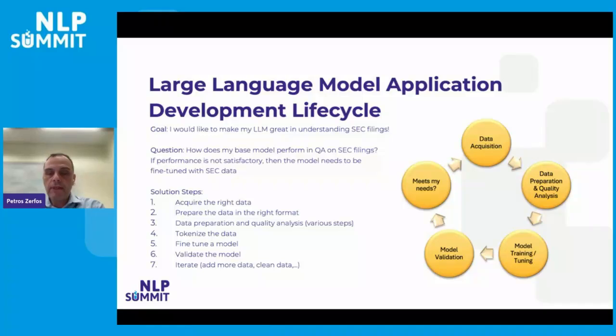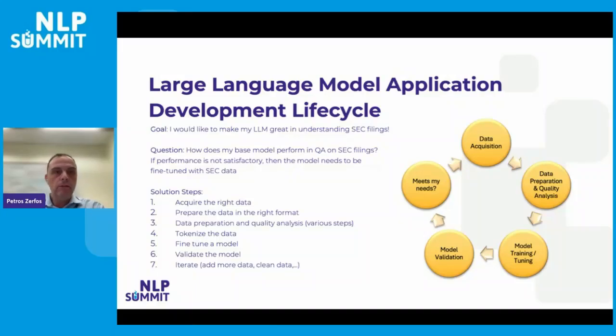The first question they ask themselves, as they typically get some pre-trained base model, is how well does my base model perform, let's say, in question answering on these SEC filings? If the performance is not satisfactory, then obviously the model needs to be fine-tuned with SEC data or some other types of data.